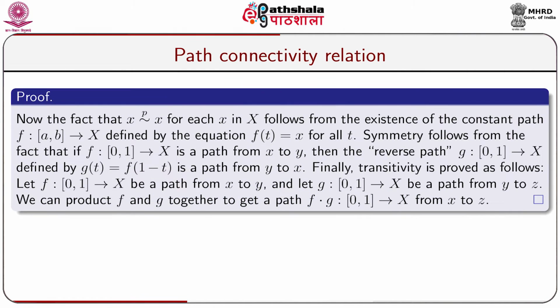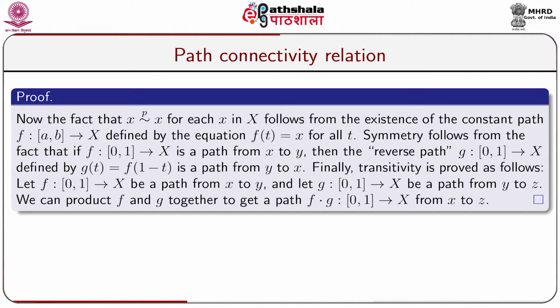Now, we want to prove that the path connectivity relation is also an equivalence relation. First, we note that if there exists a path f from the closed interval [a,b] to X, from x to y, then there is also a path g from x to y having the closed interval [c,d] as its domain.